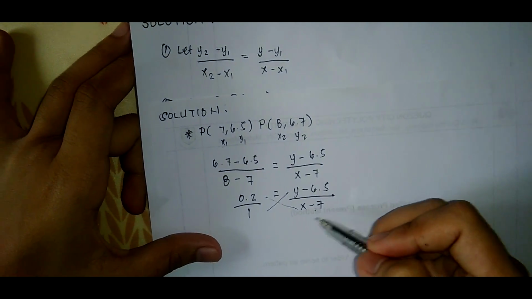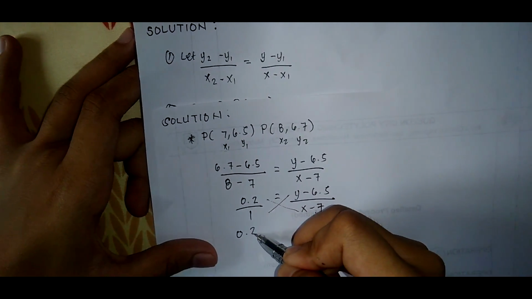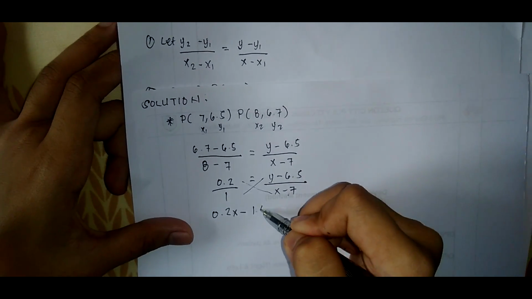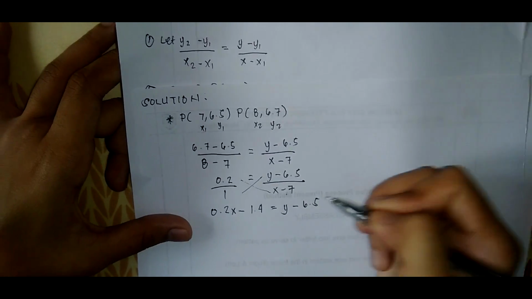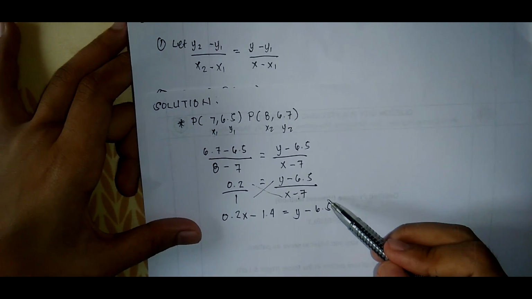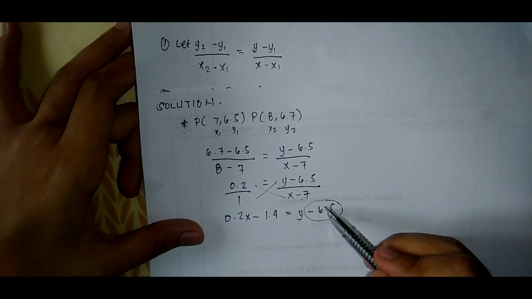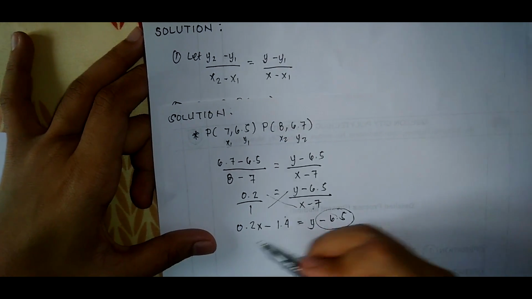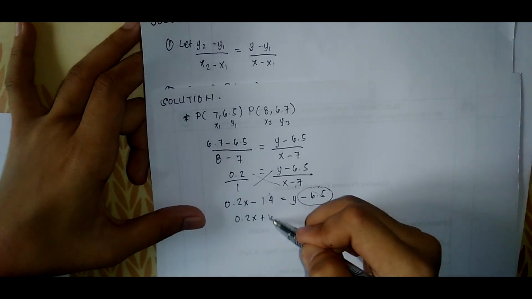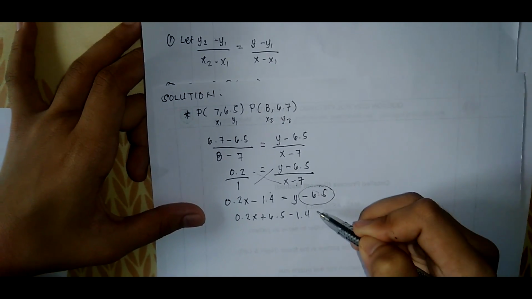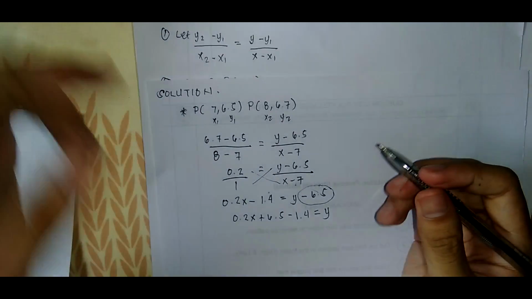So, we will have 0.2x minus 1.4 equals y minus 6.5. Then, transpose the negative 6.5 to the other side. So, it becomes 0.2x plus 6.5 minus 1.4 equals y.